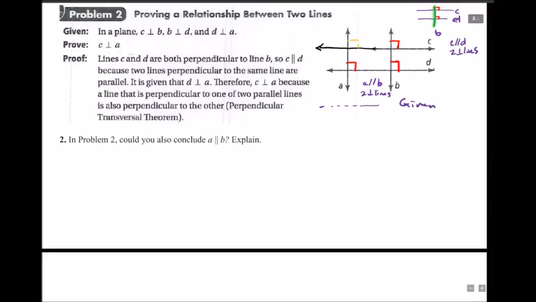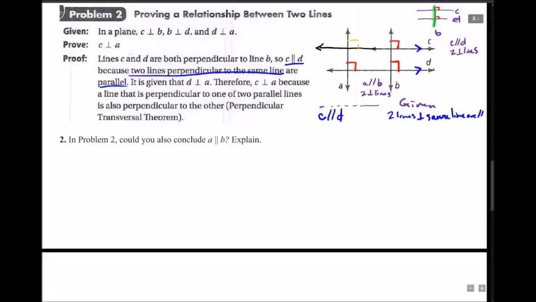I am going to be able to say that line C is parallel to line D because two lines perpendicular to the same line are parallel. Right? C is parallel to D.